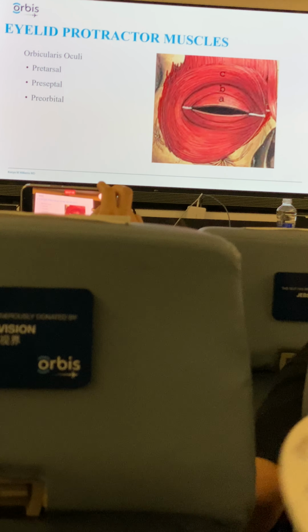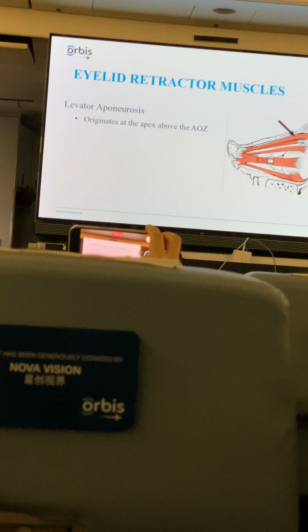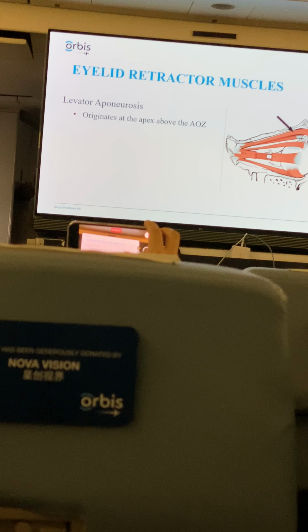It comes forward and transitions from the muscle into the aponeurosis, or a more tendinous-like structure.